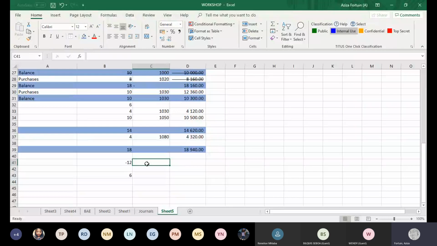Okay, on the 8th of April, we sold 12 units. So what 12 units are we selling? This is where my method starts coming into play. I need to account for that 4 of the 1030 and the 1050.